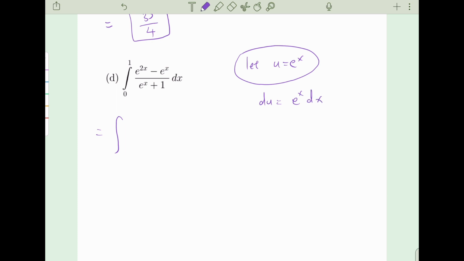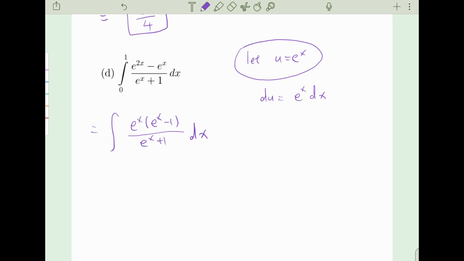Now I can factor out the e to the x on the top, so this becomes e to the x minus 1 over e to the x plus 1 dx, right? And now you can replace e to the x dx with du, or just simply let it go into the differential sign.